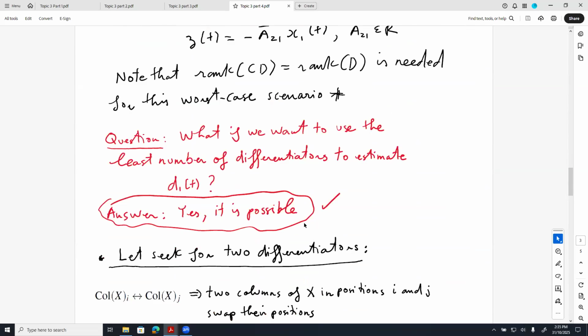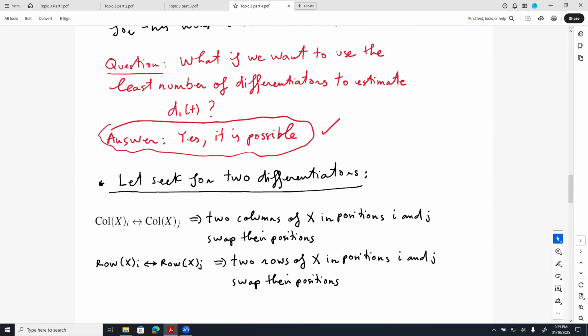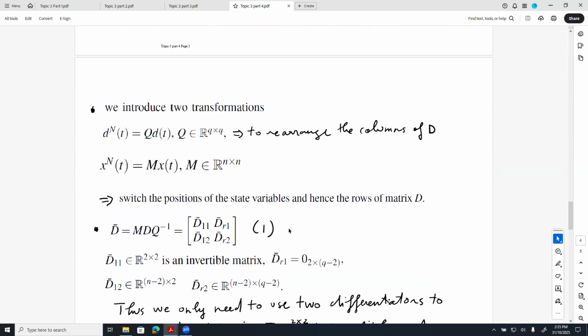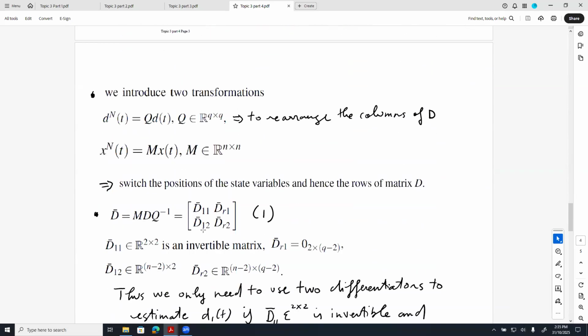If we do two differentiators, we just swap the columns and swap the rows, looking for the arrangement using the two transformations, so that we can arrive at the new D matrix in such a way that this one is invertible and that one is 0.